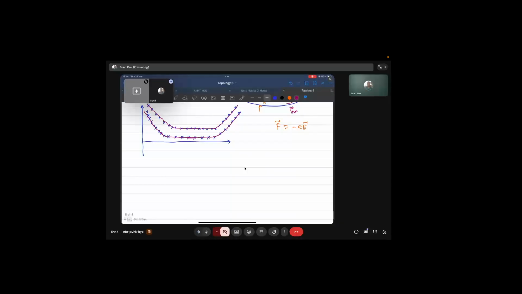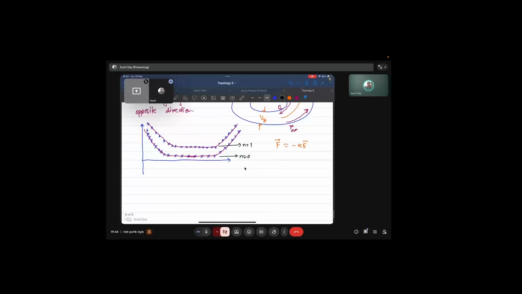Okay, so this is, let's say, the n equal to 0 Landau level, and this is the n equal to 1 Landau level, and these are edge effects. So we have epsilon n versus m.